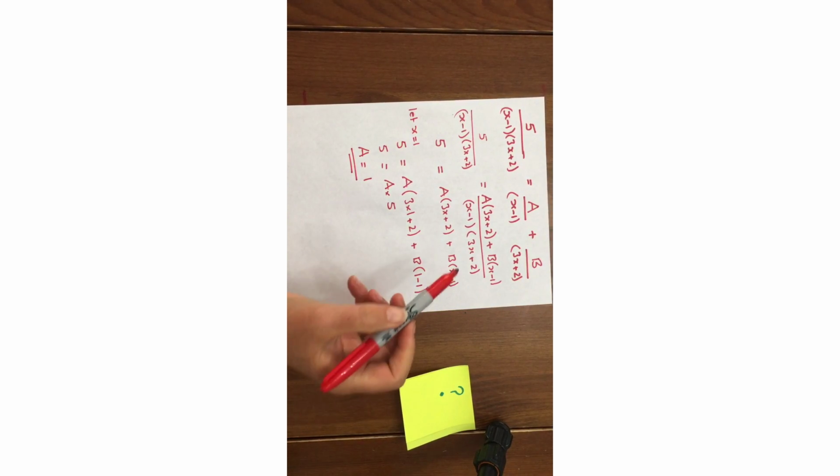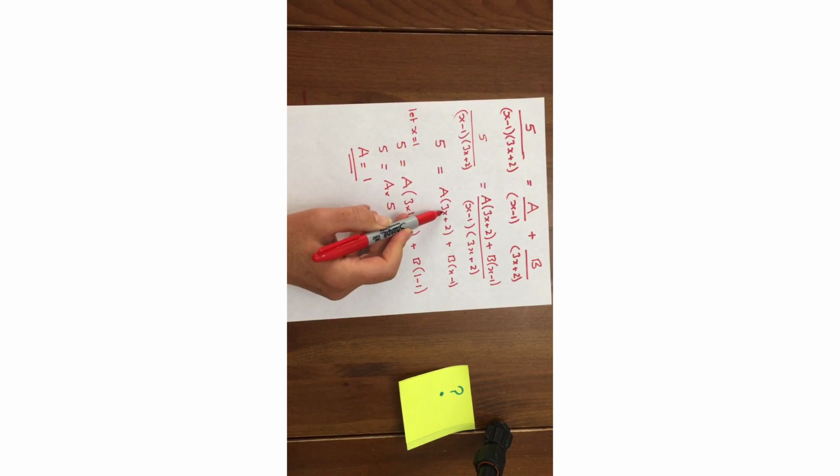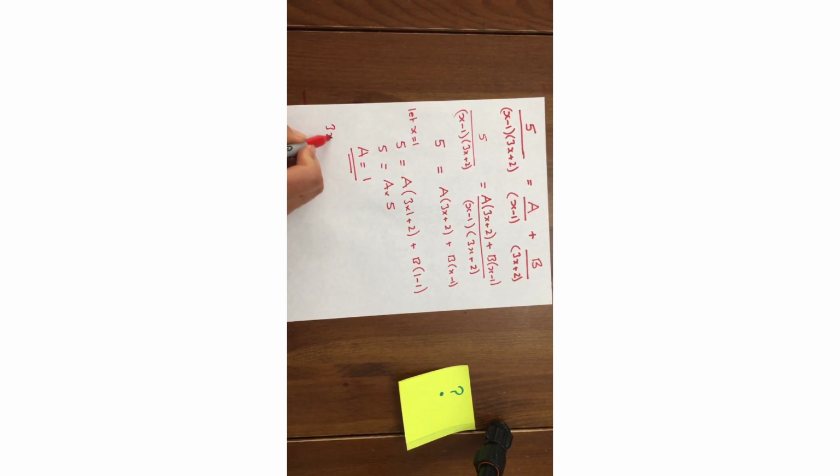Right. To find my B value, I will need to make this bracket equal to 0. Now, this is a little bit trickier, but I'm sure you've realised what I can do to work out my value of x to make this 0 is I can say, let 3x plus 2 equals 0.